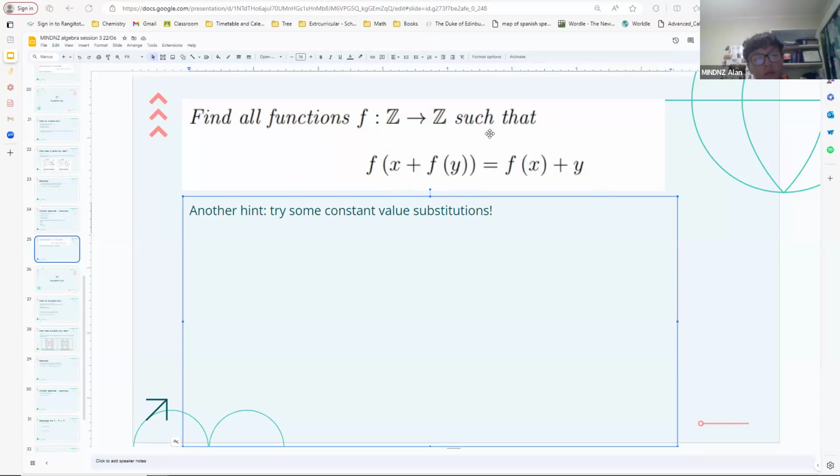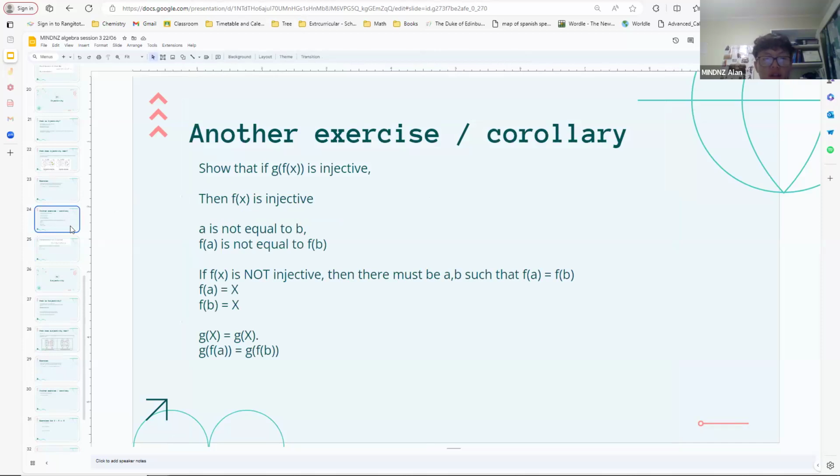y, right? So if we set y equals 0, we have that f of x plus f of y equals 0 plus f of 0 equals f of x, right? But what's something else that we can plug in as 0 that might be linked to injectivity?